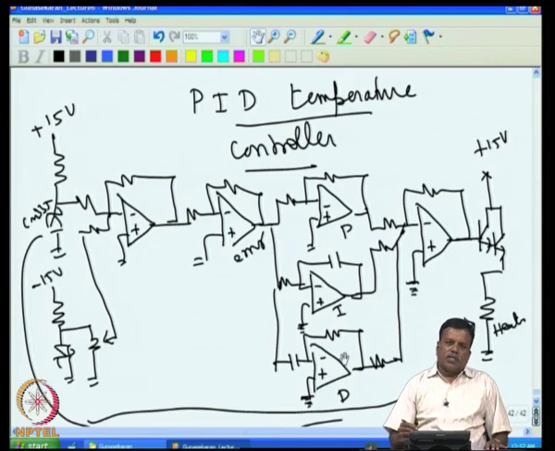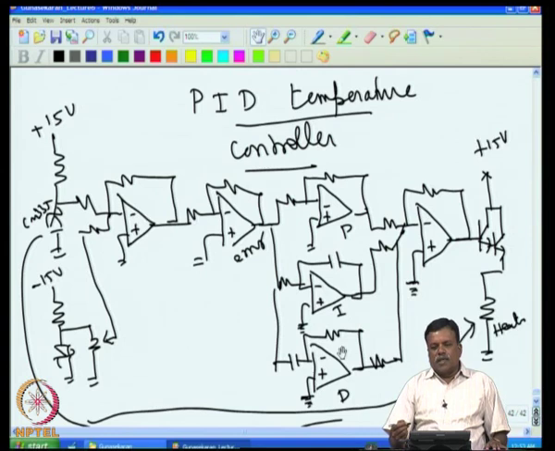If these two time constants are matched, then for the system it appears as if only one time constant is there, that is the system time constant alone, and the other time constant is cancelled by this. That is good, because if I have only one time constant or only one delay in the system, then the maximum phase shift that you can get would be only 90 degrees, because one RC can produce only 90 degrees phase shift, not more than that.